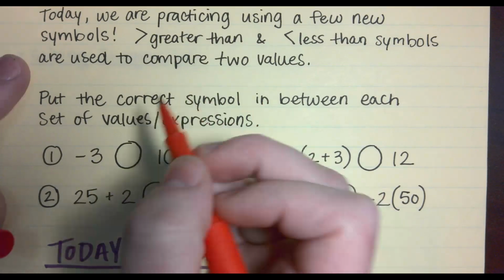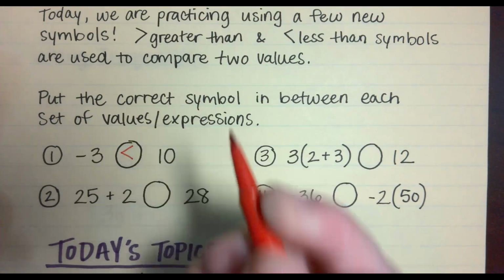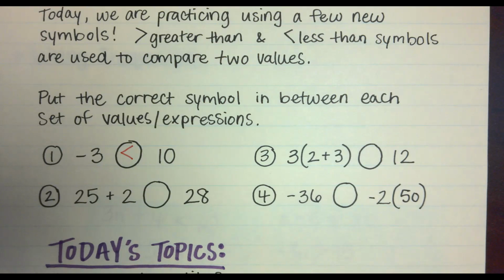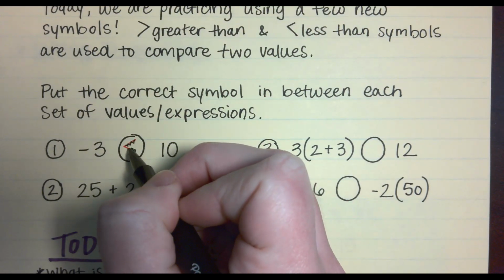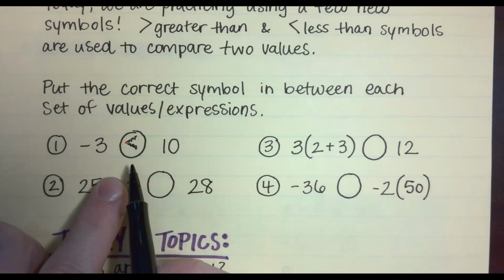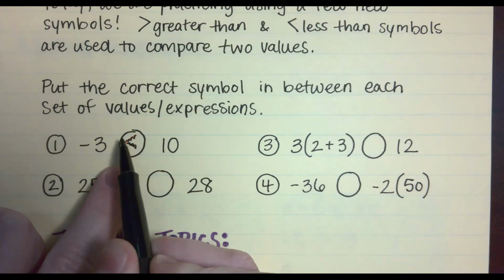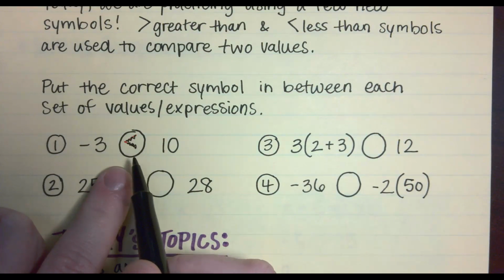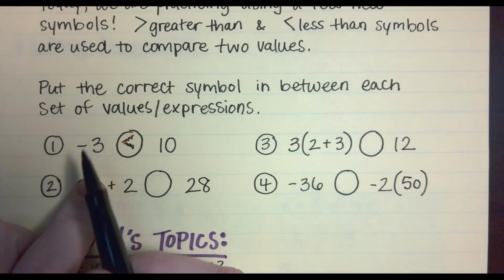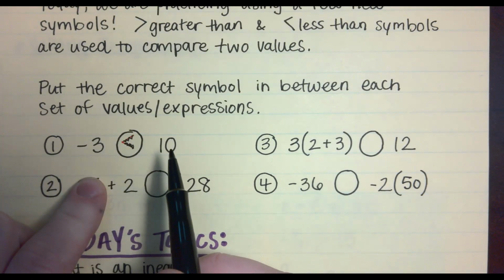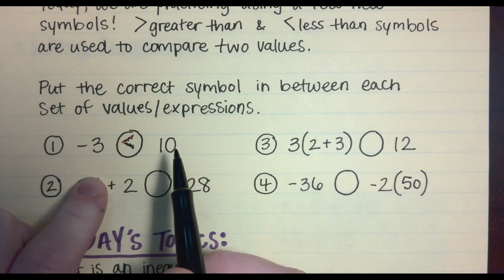So I'm going to put my less than symbol, and I'm going to draw my little teeth in. I remember that if this alligator in the middle were to decide, do I want to eat this teeny tiny little number 3 or this great big number 10, he wants the number 10 because he's hungry.